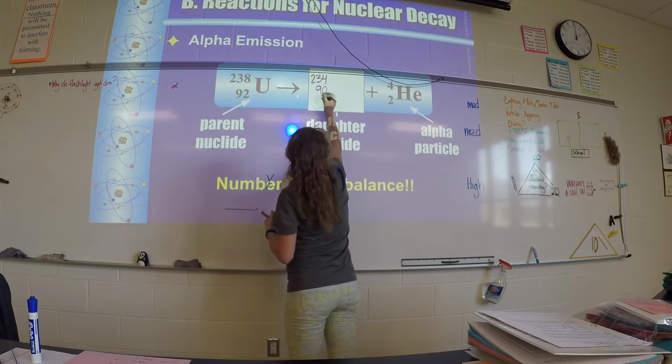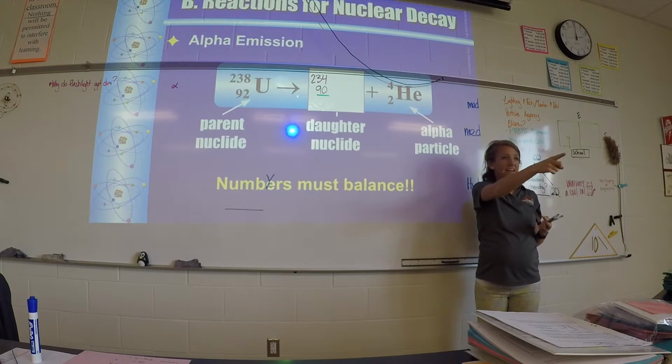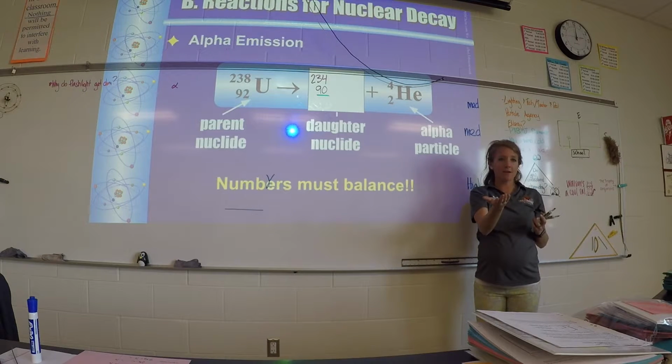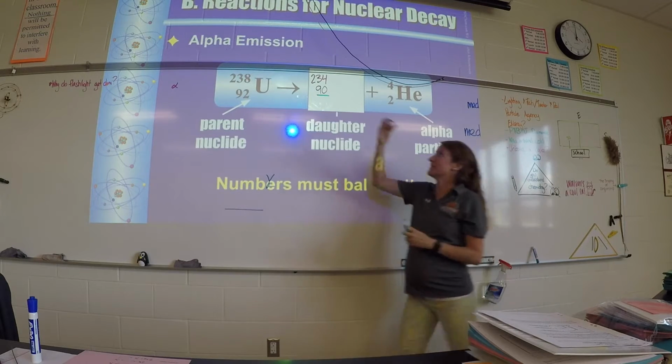All right, now here is the final piece. If it only has 90 protons, what is it? It's a new element. So look on your periodic table, find number 90. What has our uranium actually changed into? Thorium.